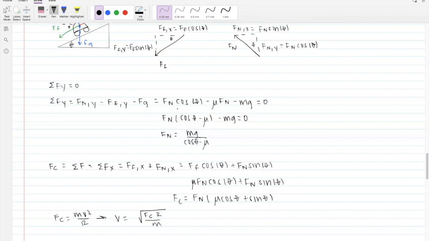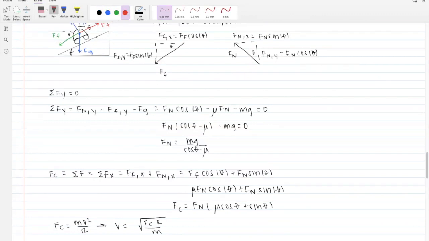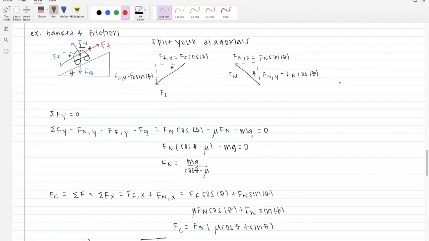and plug in Fc for this equation. And let's say your force of friction was in the opposite direction. So your y component, x component. So you can see that the x component is directed to the right, which is away from the center.